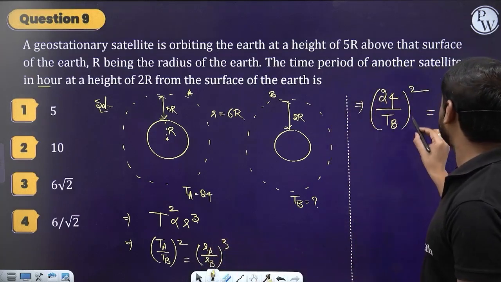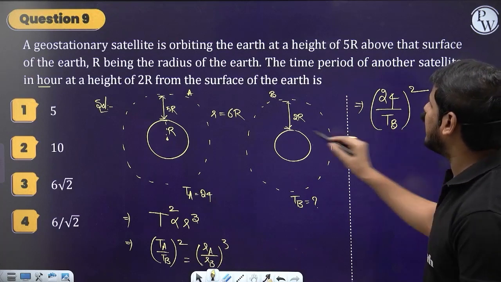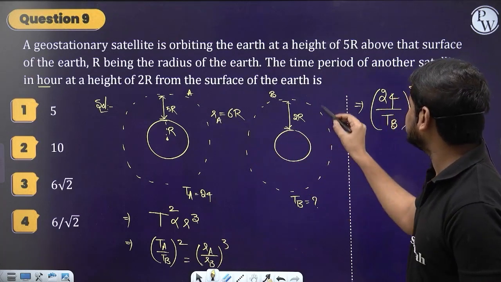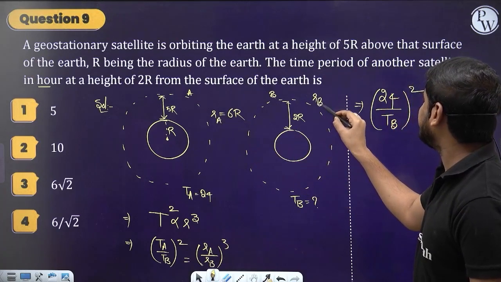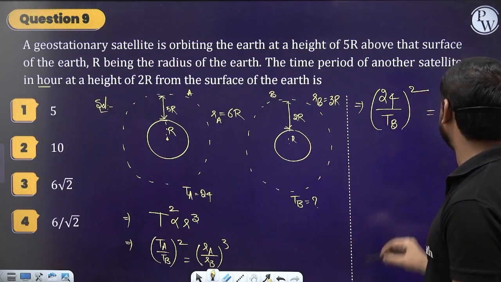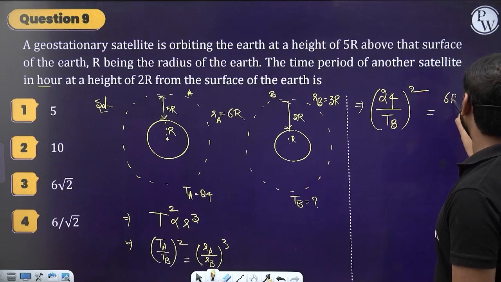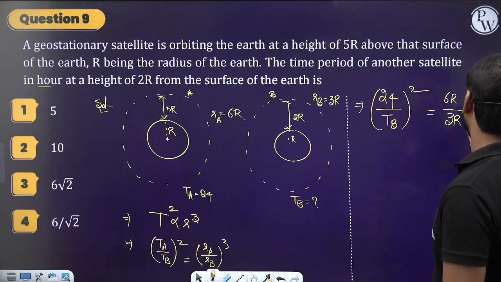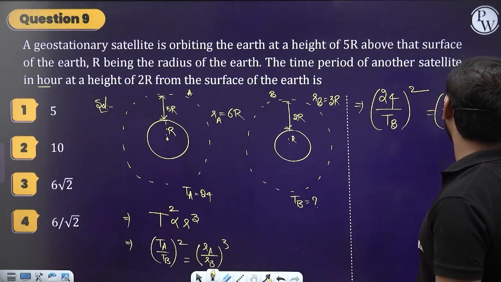So now if we do the calculations, TA is 24 hours by TB whole square equals RA by RB whole cube. So what is RA? RA is 6R, and RB is 3R, because the radius of the earth also you should consider. So 6R by 3R whole cube. R gets cancelled.